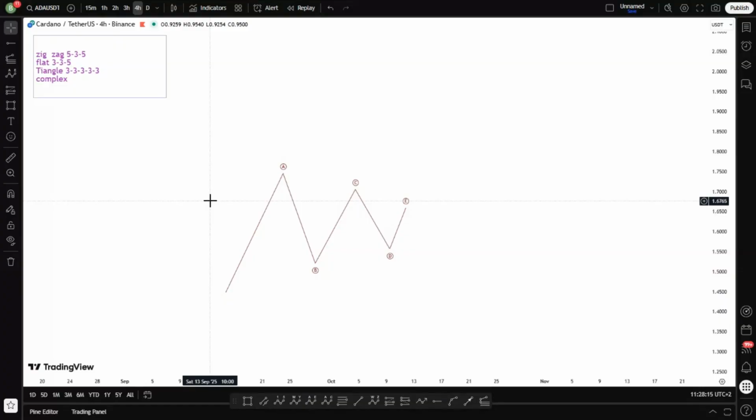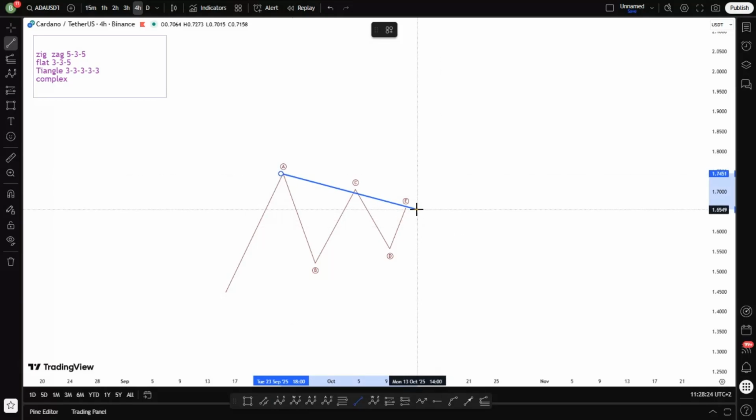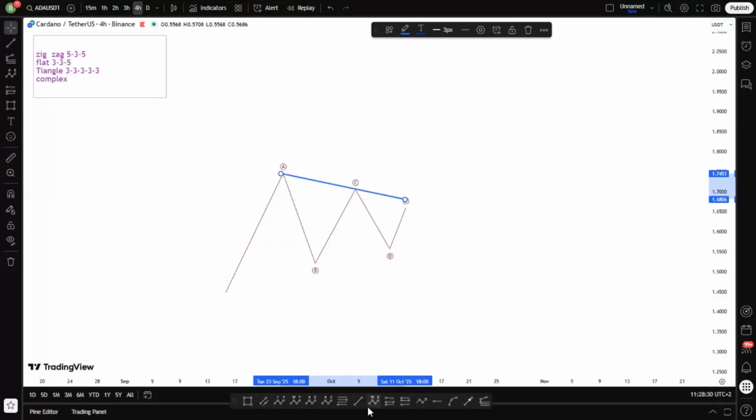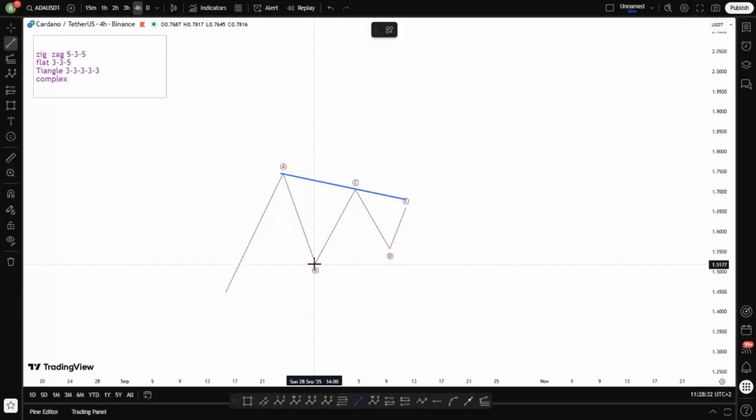Once you see a triangle, you know that you are making money. This one is the easiest. So yeah, guys, I talked to you about the typical formation of triangles and where they can be found. Triangles can be found on wave 4, wave B.